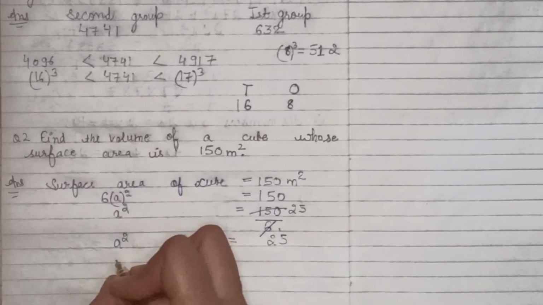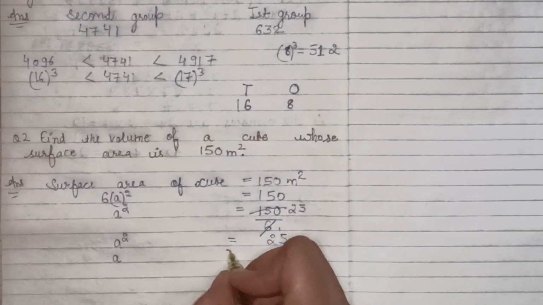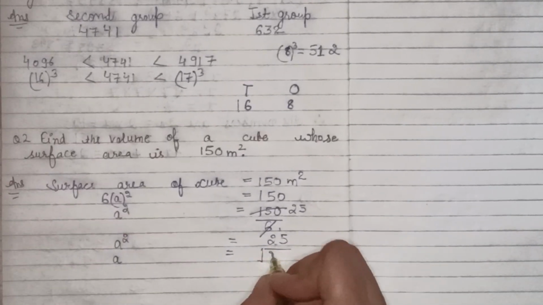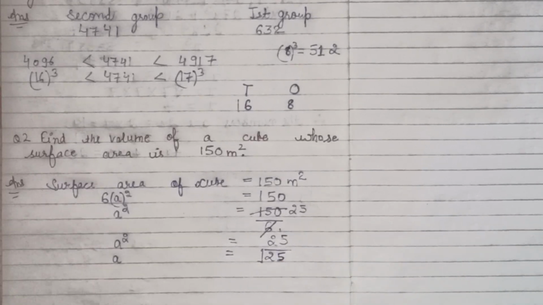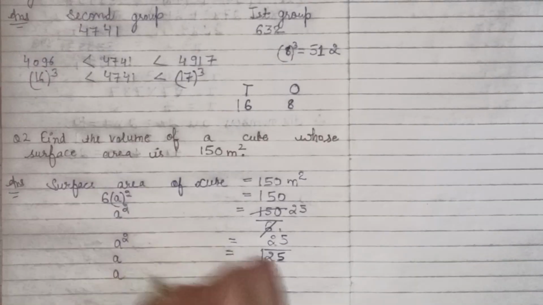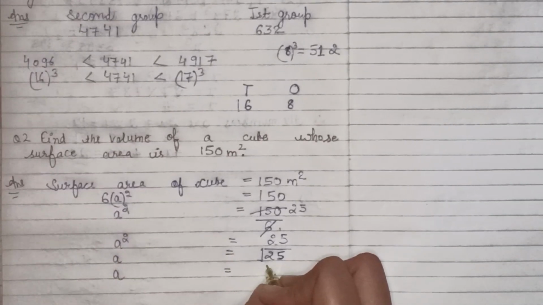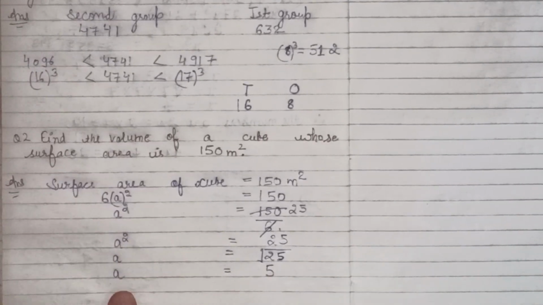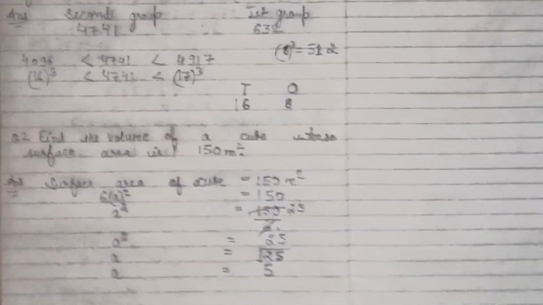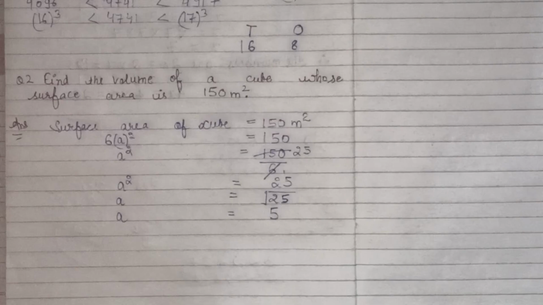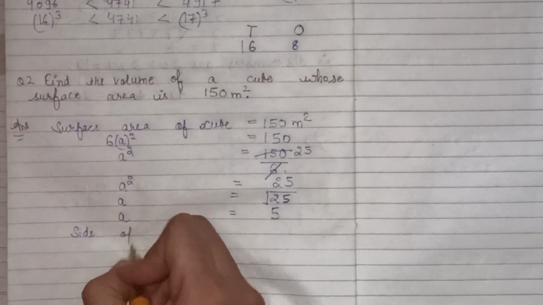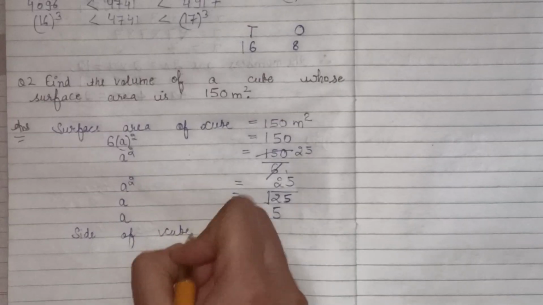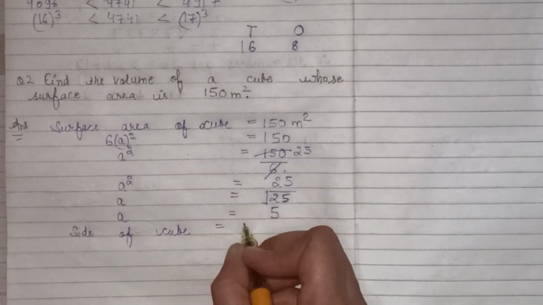Now I remove the square and take the square root of 25, which is equal to 5. So a is the side. Side of cube is a equal to 5 meter.